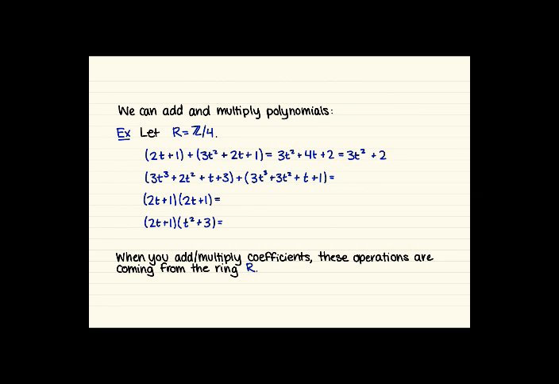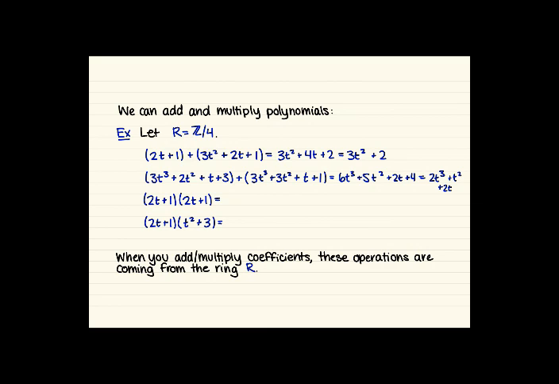If we add these next two polynomials, 3t cubed plus 2t squared plus t plus 3, add that to 3t cubed plus 3t squared plus t plus 1, then we get 6t cubed plus 5t squared plus 2t plus 4, and then 6 is congruent to 2 mod 4, so this is 2t cubed. 5 is congruent to 1 mod 4, so this is t squared. And then we've got plus 2t, and 4 is congruent to 0 mod 4, so that's it for that one.